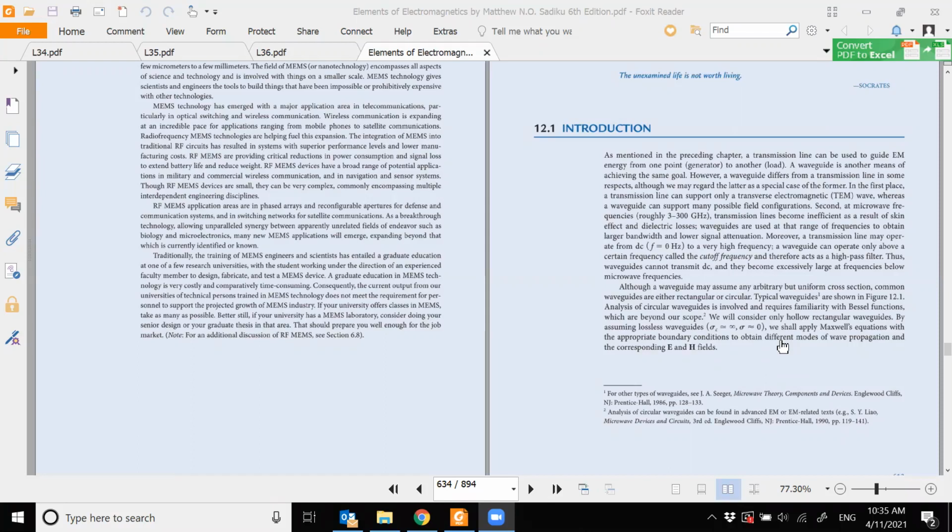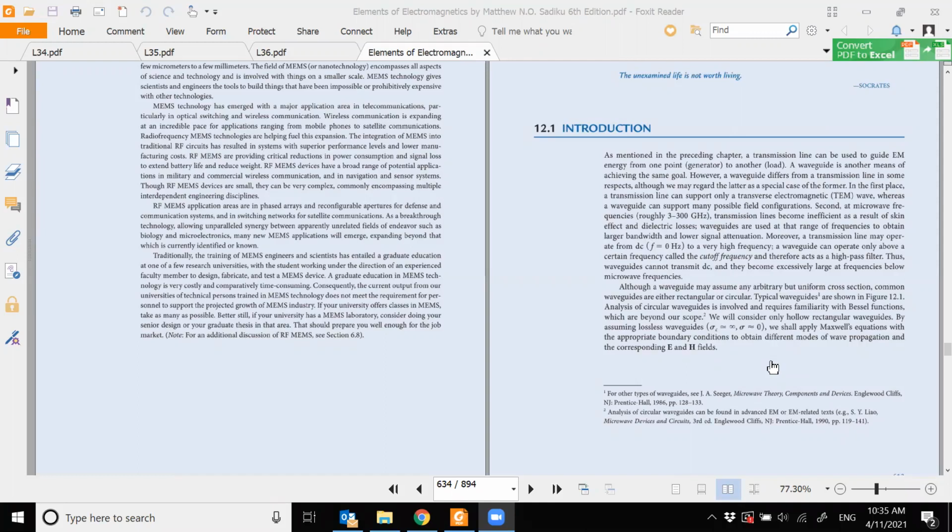But now, because you have restricted some guiding medium, that means you are enforcing your electromagnetic wave to travel in a certain direction. So in such a case, your electromagnetic wave will no longer be TEM. That means especially our rectangular waveguide, which I'm talking about now, cannot satisfy the transverse electromagnetic wave.